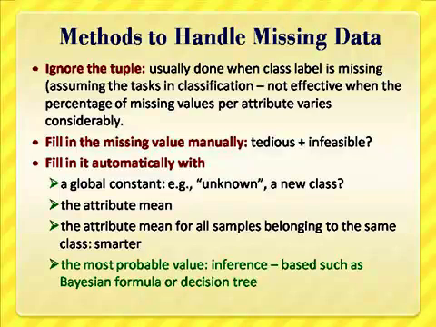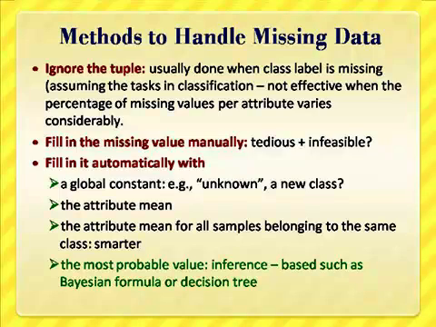The second kind of method is manually filling the missing values, which is a very laborious and infeasible process. It takes more time because a lot of manpower and cost is involved, because the data set may be very large, and we also need to locate the records manually, which is a very expensive operation.